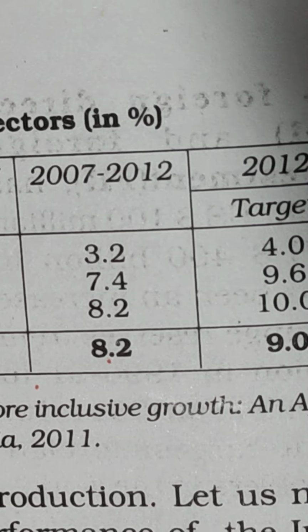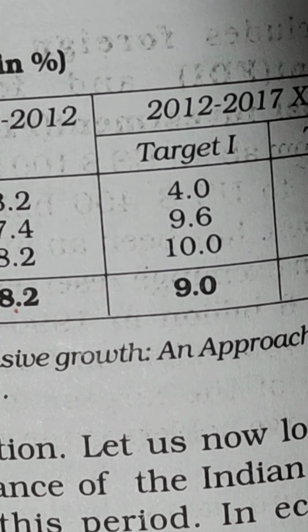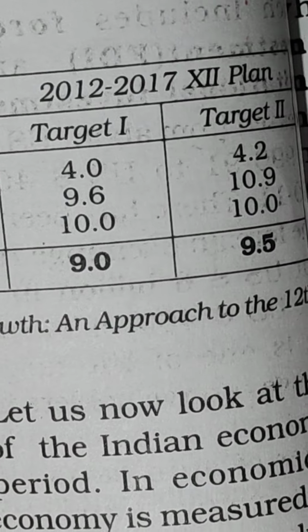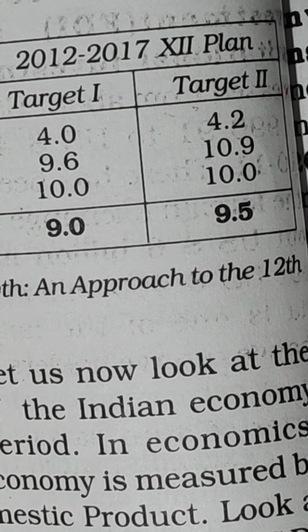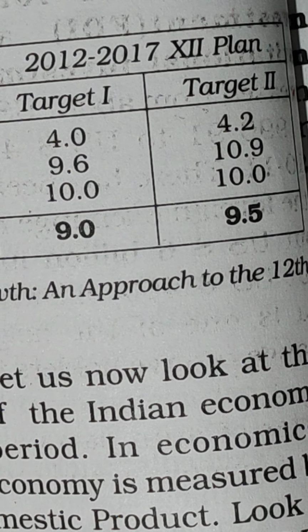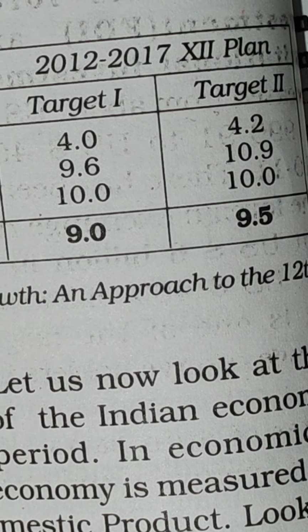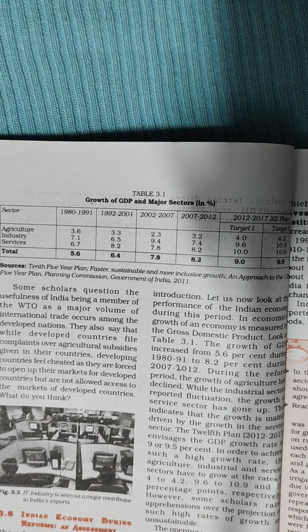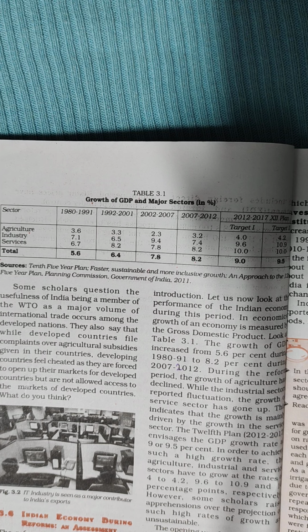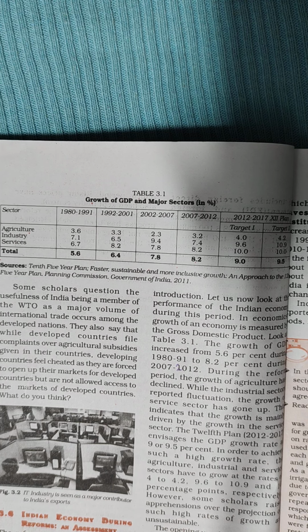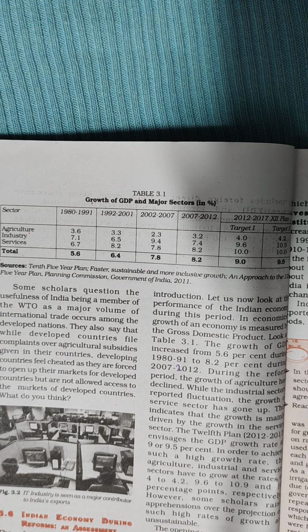Okay, so this is how you will look at these figures. And as I read, you're going to compare them. So in the book you have table number 3.1 and the sources: 10th 5-year plan, faster, sustainable and more inclusive growth, and approach to the 12th 5-year plan, Planning Commission, Government of India, 2011.